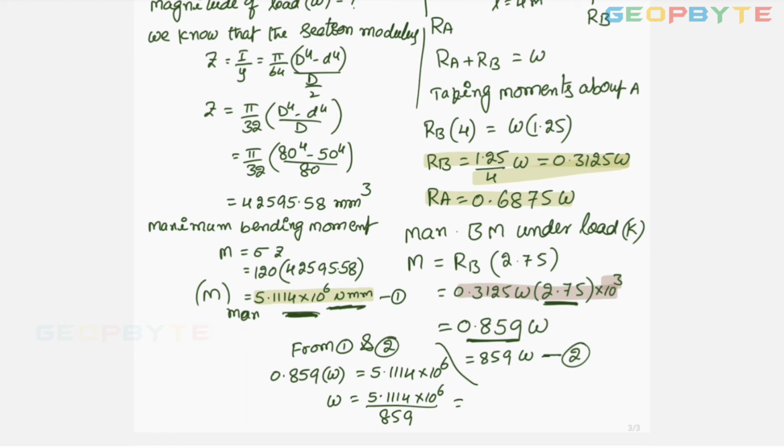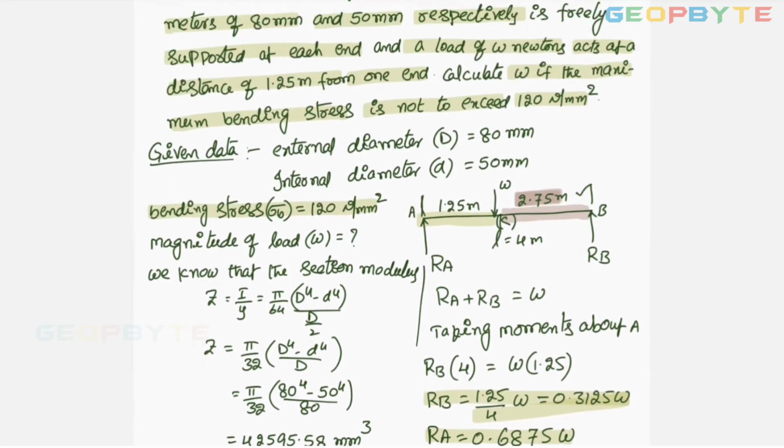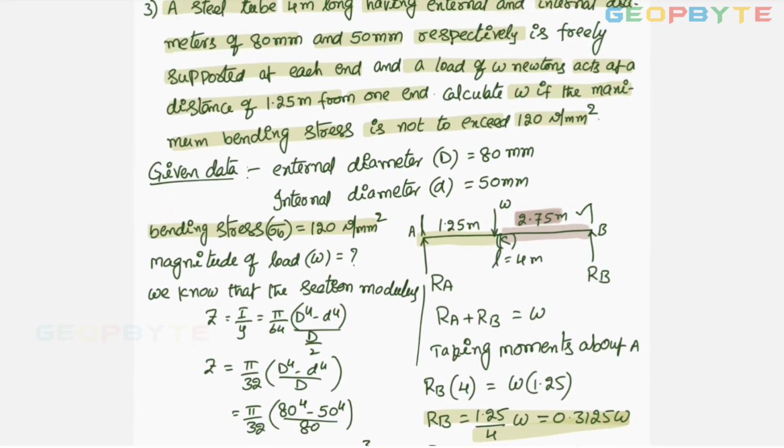So you simplify this value for getting 5950.49 newtons. This is the magnitude of the point load which is acting at a distance of 1.25 meters from A or 2.75 meters from B.